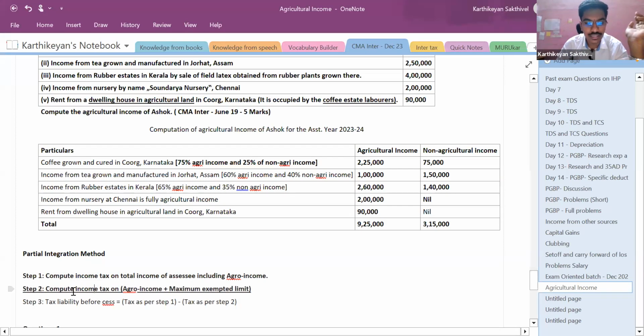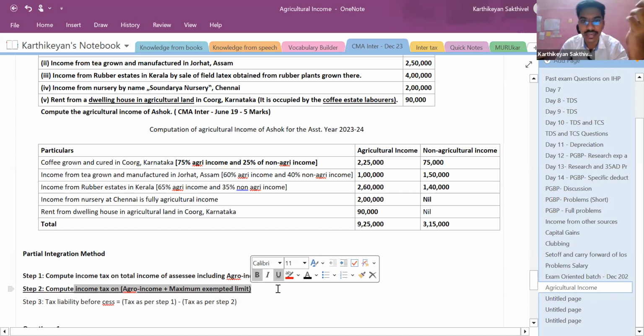So they say I've included your income, but in the second step I exclude it. They say that they are not taxing your agricultural income, but in reality this is increasing the tax rate of the assessee if he has both agricultural income and other than agricultural income.